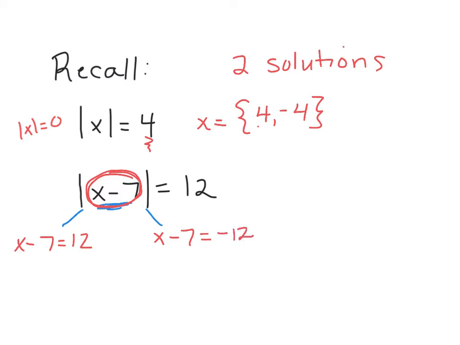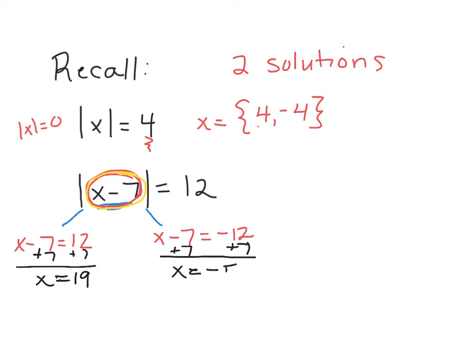So what we do here is write down this thing without the absolute value symbols twice, once as the positive solution, once as the negative, and then we solve. We would add 7 to both sides, and our two solutions would be x equals 19. And if I do the same thing here, I would have x equals -5.